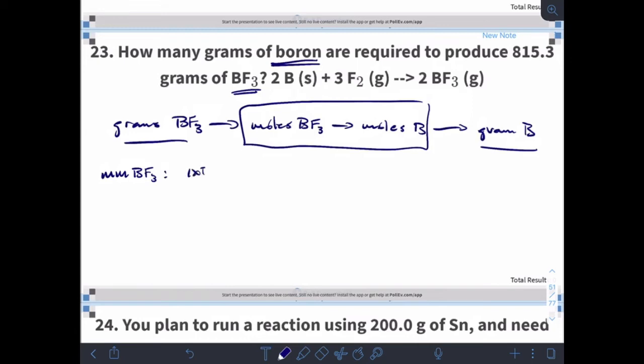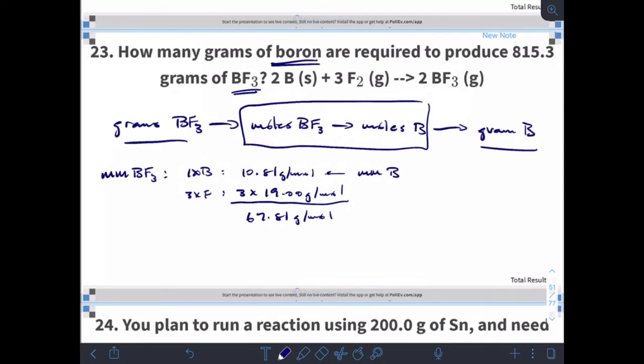So 1 times the boron at 10.81 grams per mole, and 3 times the fluorine, so 3 times 19 grams per mole, gives us a molar mass for boron trifluoride of 67.81 grams per mole. And there's my molar mass of just boron, so we already have that bit.